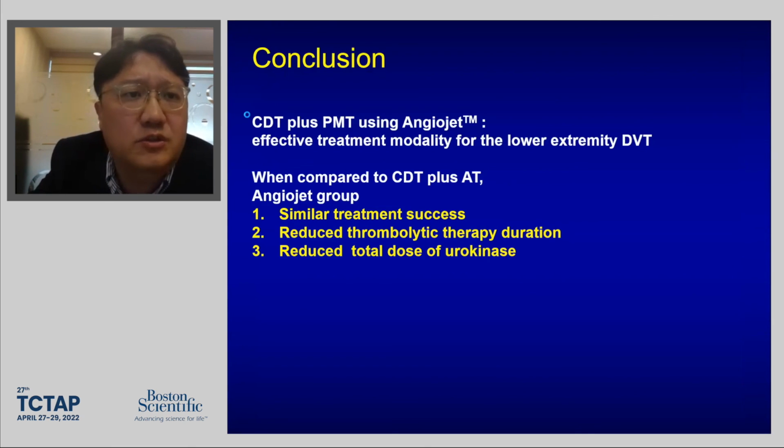In conclusion, CDT plus PMT using AngioJet is an effective and safe treatment modality for acute DVT patients. Compared to CDT plus AT, the AngioJet group had a similar treatment success rate, reduced thrombolytic therapy duration, and reduced total dose of urokinase. Thank you for your attention.